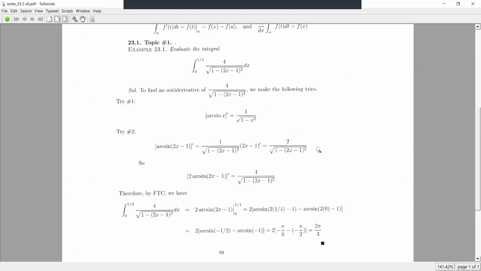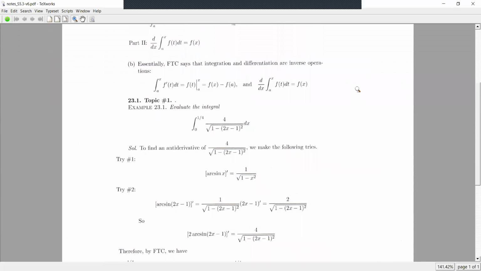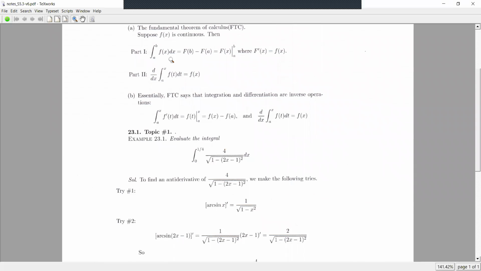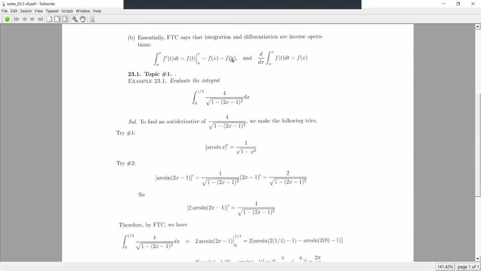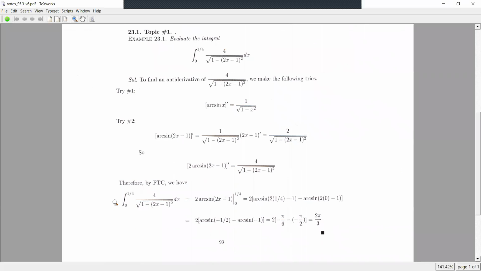Okay, now I have successfully found one antiderivative of this function. Now by formula, the desired integral is the antiderivative, plug in the upper limit 1/4 in x and plug in the lower limit 0 in x.